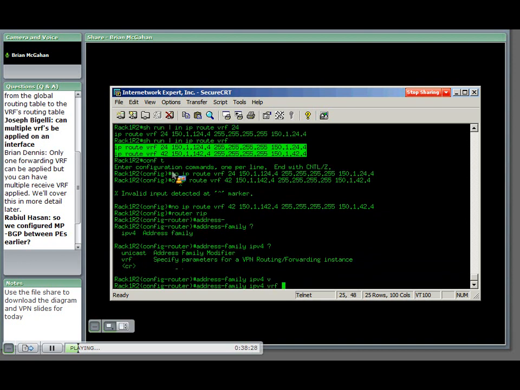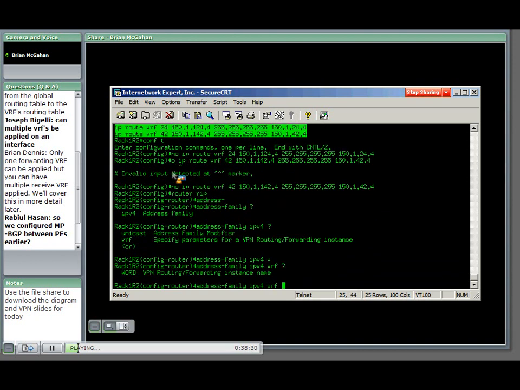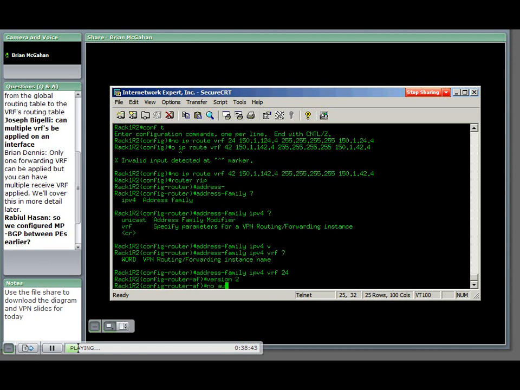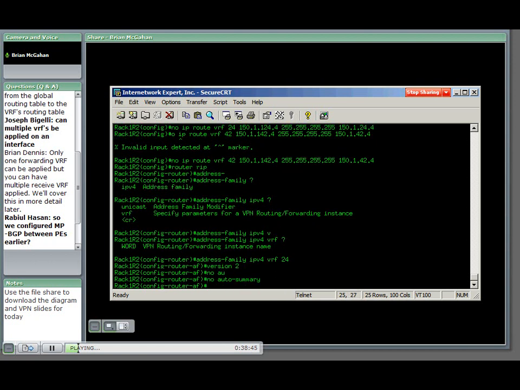We're going to be running a VRF instance of RIP for VRF 24. Inside VRF 24, we're going to be running version 2 of RIP. We don't want to do automatic summarization.